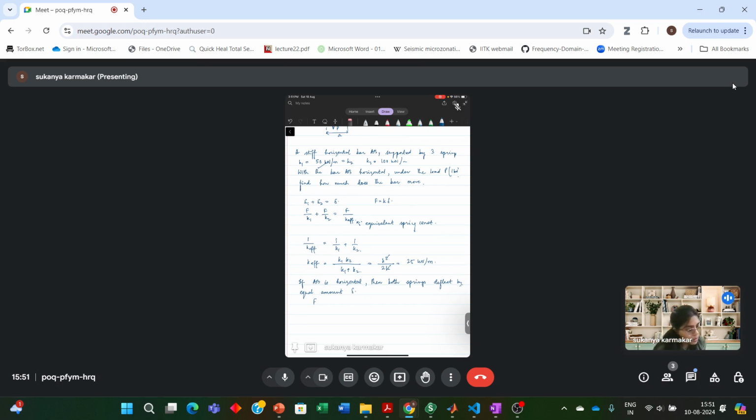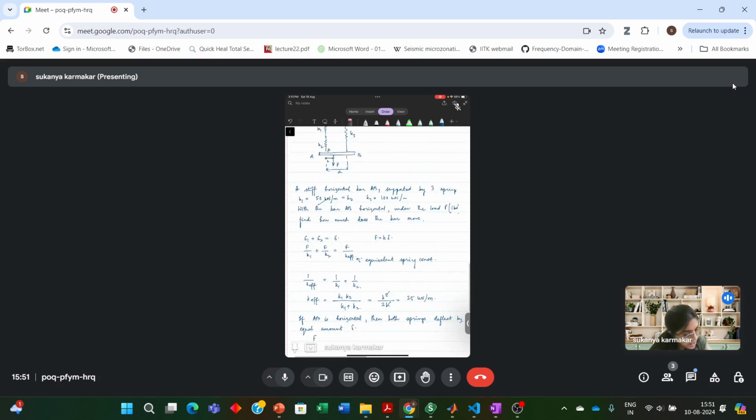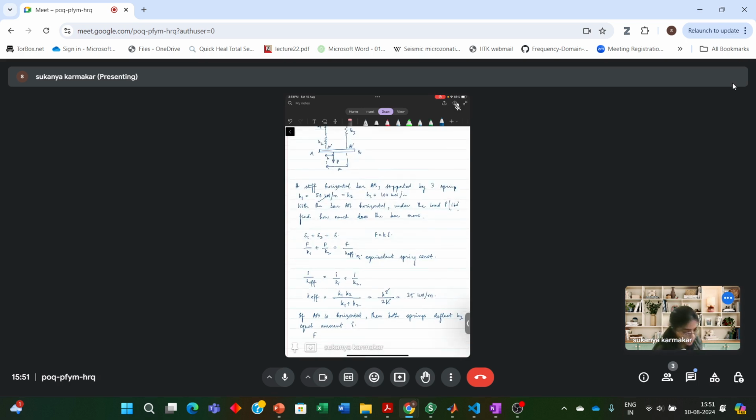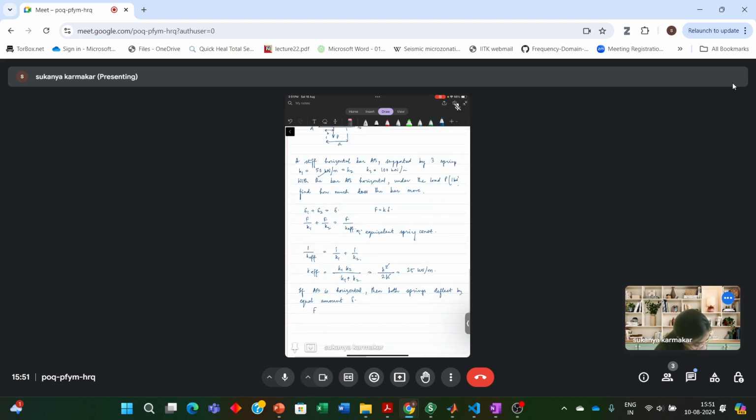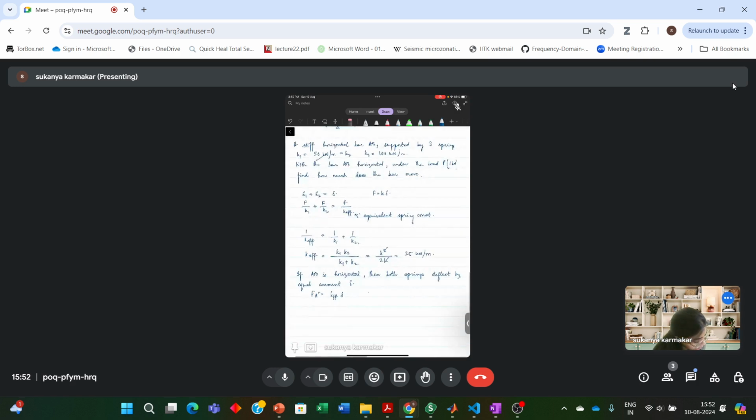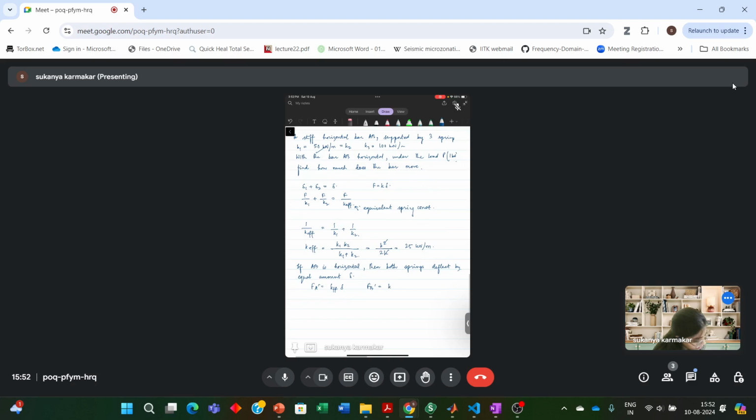Let me call the ends A dash and B dash. So at the end A dash, the force FA dash is K equivalent, or as I'm writing, K effective, into delta, and FB dash is K3 into delta.